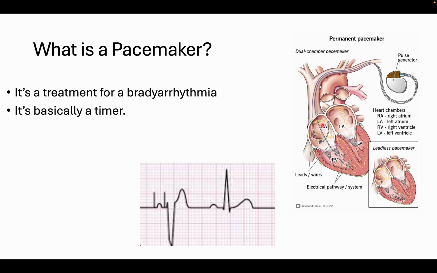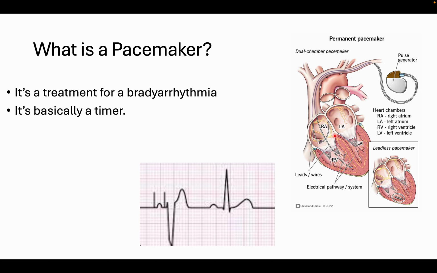If it sees it within the time frame, it won't need to pace. If it doesn't see an intrinsic electrical signal within that time frame, that timer expires, and so the right atrial lead will stimulate the atria and produce a pacing spike followed by a paced atrial beat.